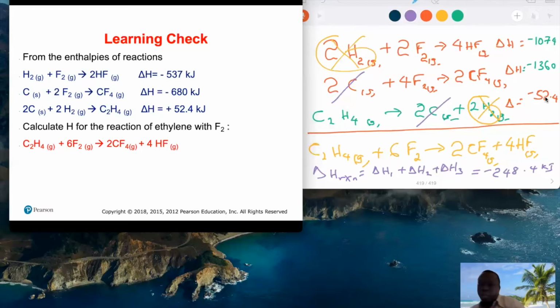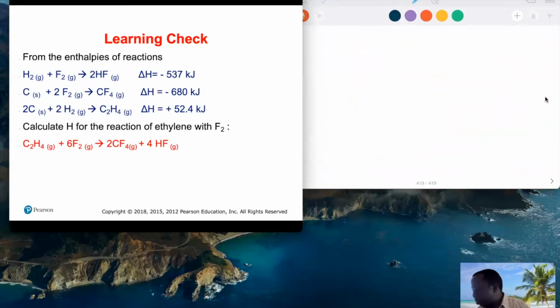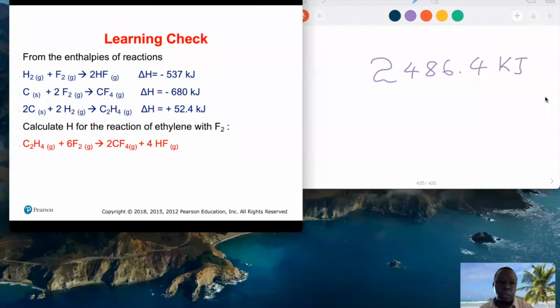Yeah, I got -2,486 point, 2,486, right? Yes. 2,486 point what? 0.4. 0.4 kilojoules. Kilojoules, 2,400.